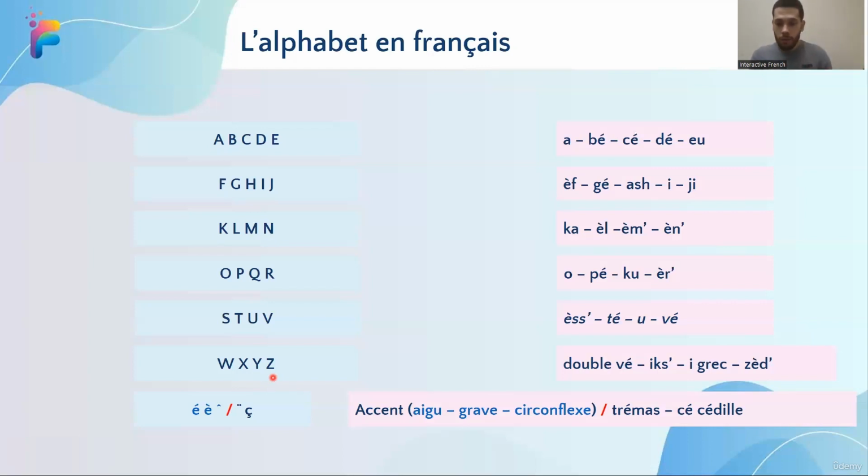So that's for all the letters. Now there are a few specific characters that you would see in French. So we're gonna review them very quickly. First, we have E, right? So when you have the E with the accent that kind of goes up, right? That's the É.